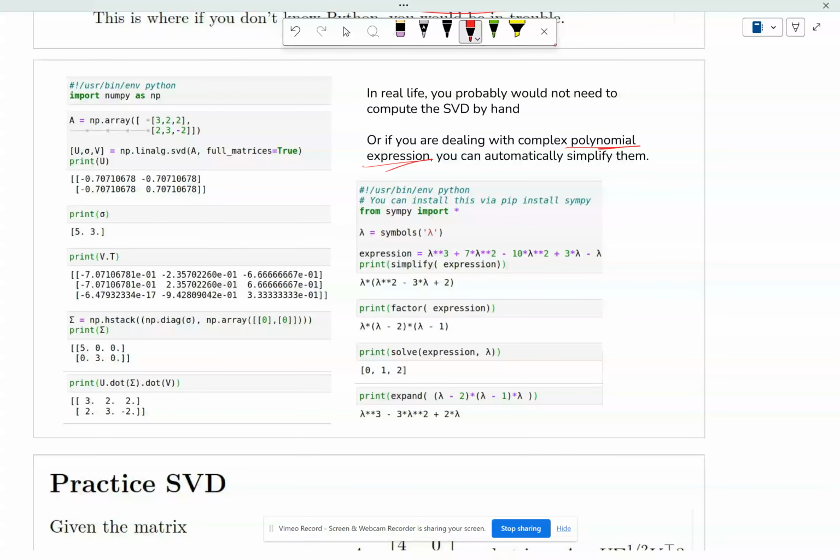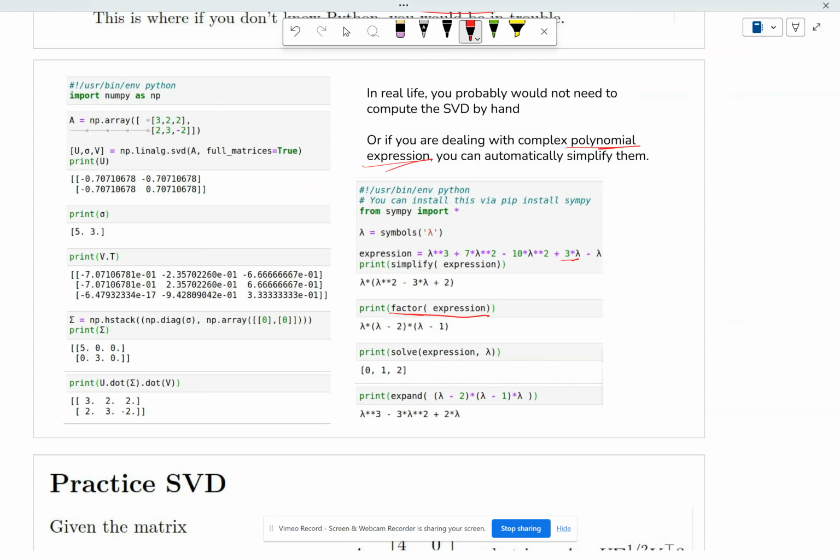So let's say we have an expression: lambda cubed minus 3 lambda squared plus 2 lambda. One thing you can call is simplify. After you simplify it, it's lambda times lambda squared minus 3 lambda plus 2. So you can simplify expressions directly.